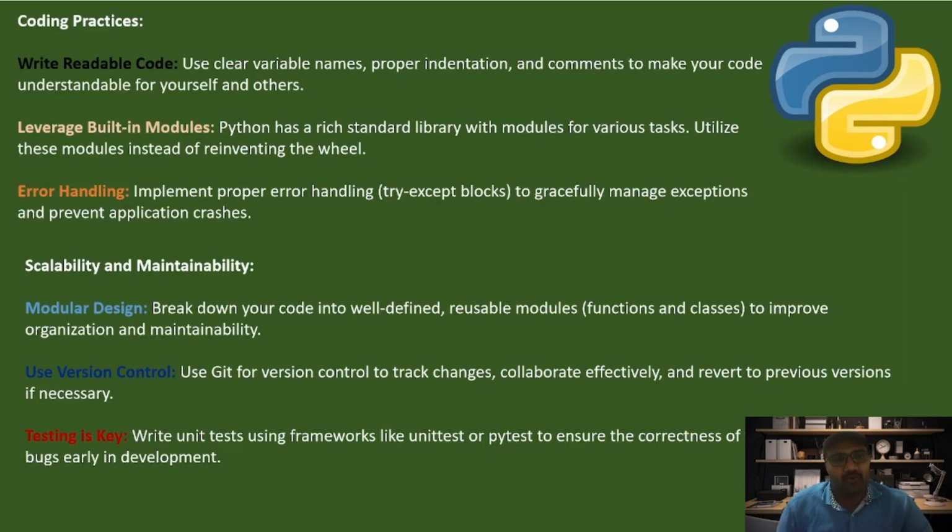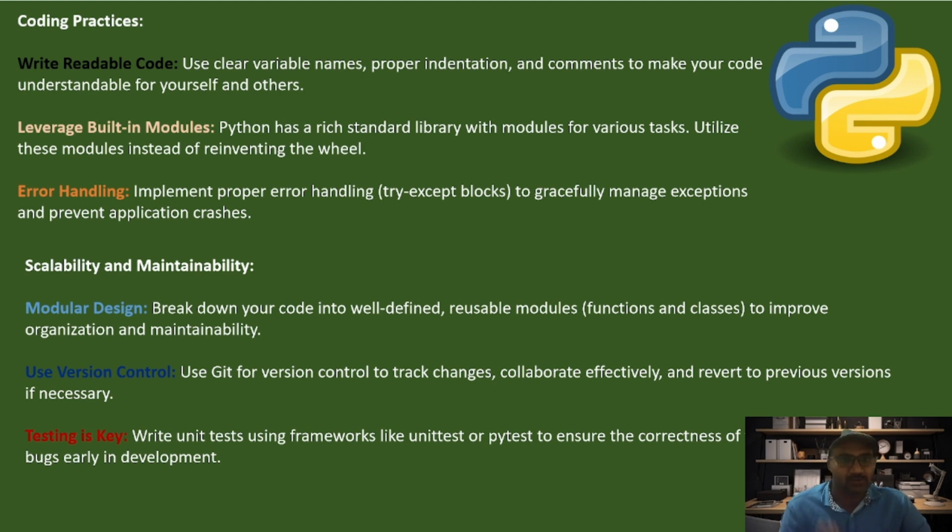Next are very important coding practices. Number one is to write readable code. Use clear variable names, proper indentation, and comments to make your code understandable for yourself and others. You also need to leverage built-in modules. Python has a rich standard library with modules for various tasks.